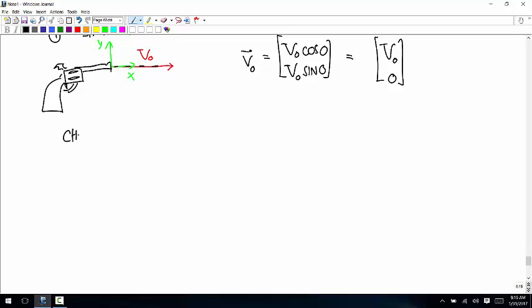Okay, so now let's make our choices. We'll choose a coordinate system with an origin on the ground beneath where it's shot from, just say beneath the shot.